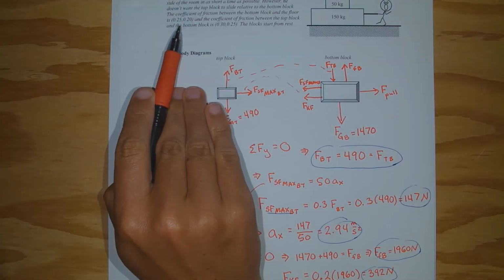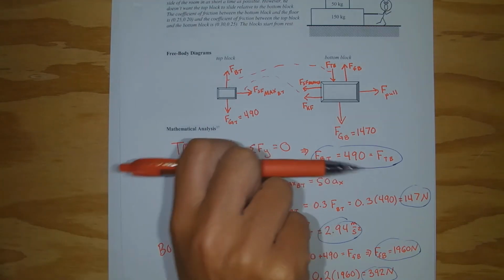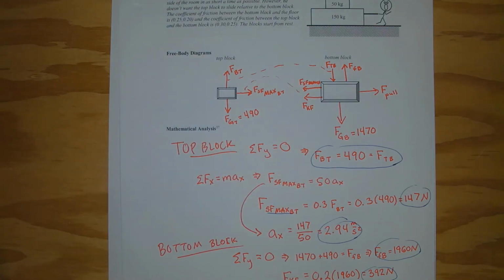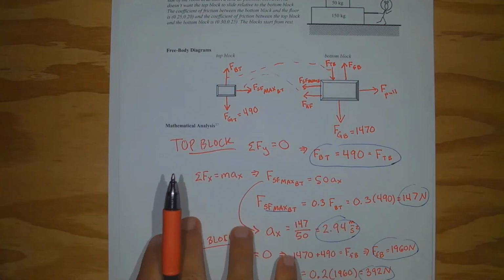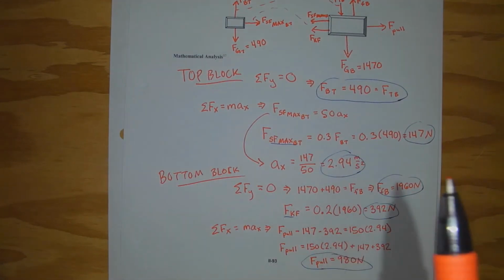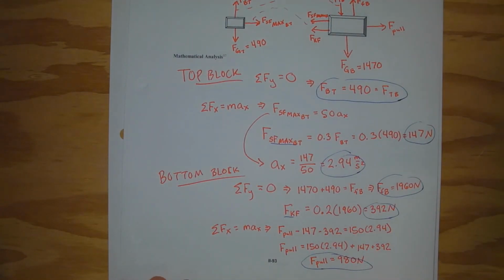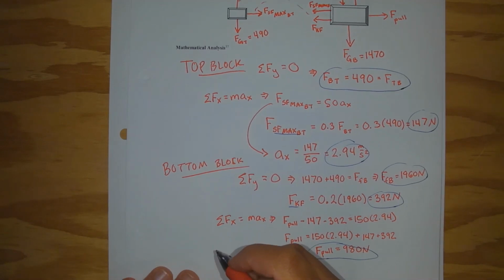And if you use that coefficient to find the maximum value for the force of static friction, and you have a net force going this way, then the force of the pull is large enough to overcome the force of static friction and the blocks will move. So let's do this just as a little bonus.